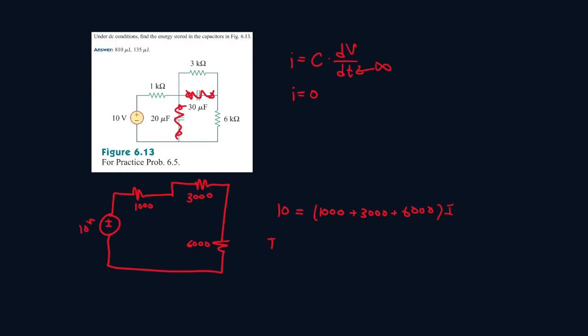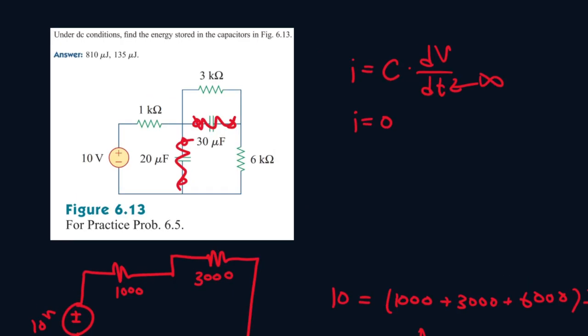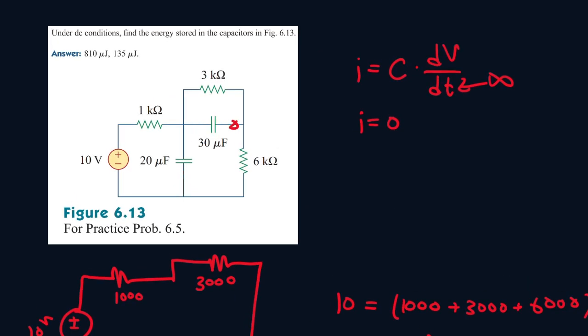Alright, so the current is 0.001 amps. Okay? So now let's go back to our original circuit. Now, the current passing through this entire area is 0.001 amps, or 1 milliamp. Now, let's find the voltage stored at each capacitor.